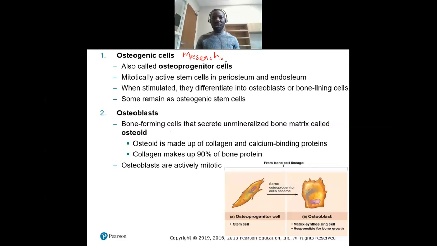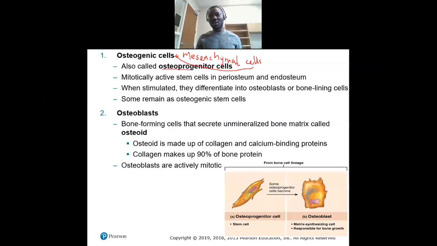These mesenchymal cells divide, they differentiate, and they give rise to osteogenic cells. They undergo mitotic divisions because they are stem cells. So these cells undergo mitosis, they then produce osteoprogenitor cells or osteogenic cells. They are the same thing.